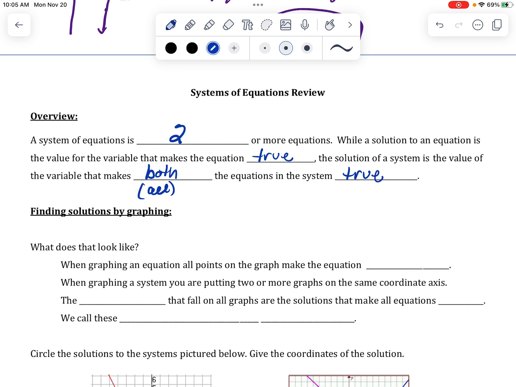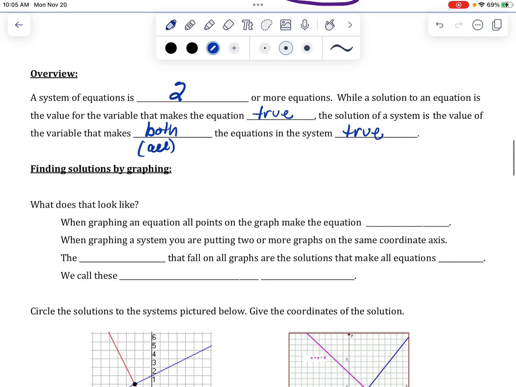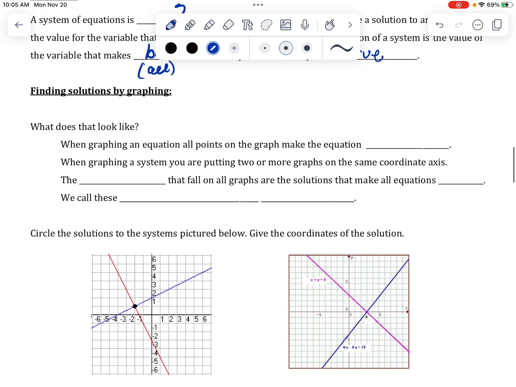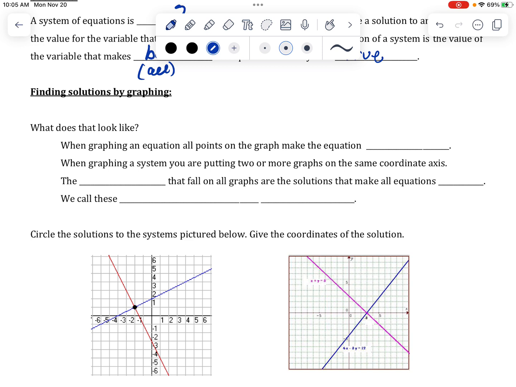And we're going to talk about systems of equations with just 2 equations, but you can have systems with many, many equations. Now, there's different ways to find the solutions to a system of equations. First of all, by graphing. So what does it look like when we solve a system of equations? When graphing an equation, all points on the graph make the equation true. When graphing a system, you're putting 2 or more graphs on the same coordinate axes.